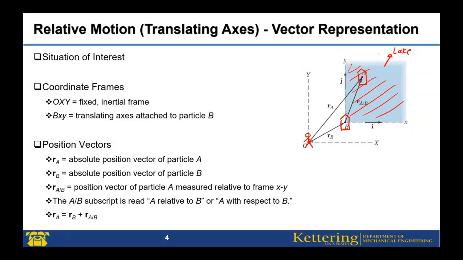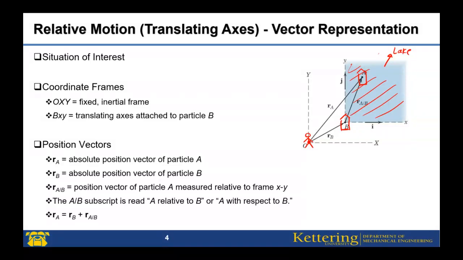However, for a person sitting on the boat, there is a relative position called rA with respect to B. This is the relative position vector of A measured relative to the frame of B, or xy. Sometimes this person sees the boat become farther away or closer, depending on these positions.